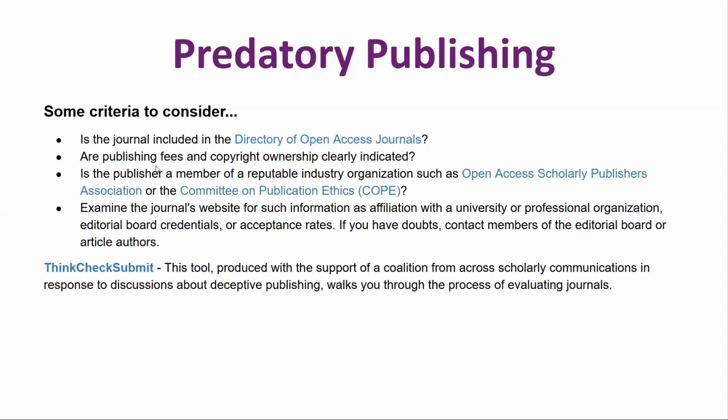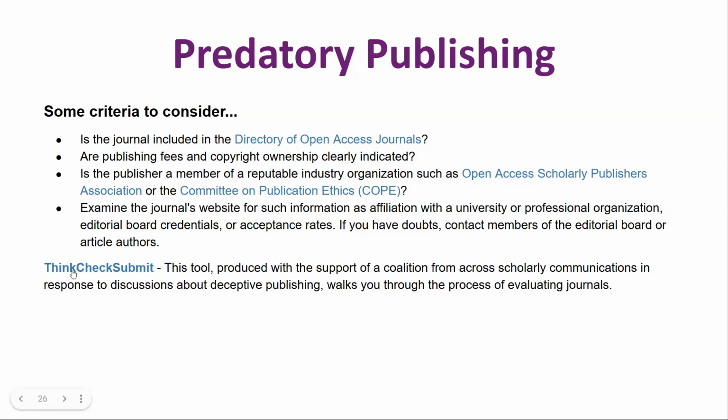Are publishing fees and copyright ownership clearly indicated? Is the publisher a member of a reputable industry organization, such as the Open Access Scholarly Publishers Association or the Committee on Publication Ethics? You will also examine the website to see if it's affiliated with any university or professional organization.